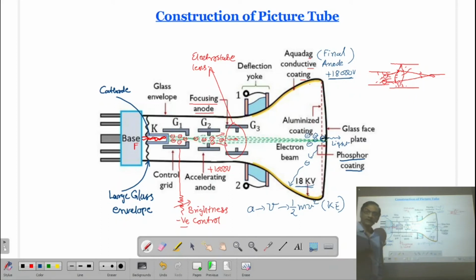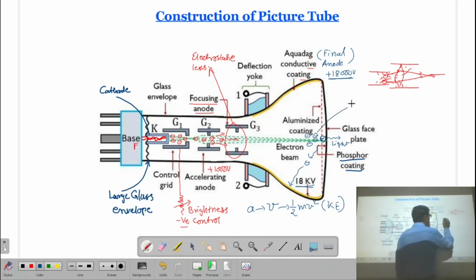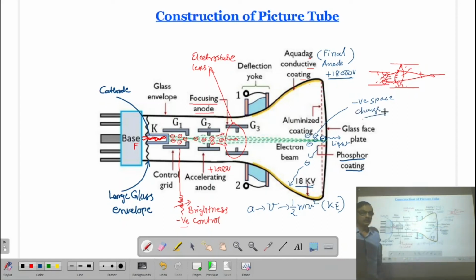It is known as negative space charge. Here, the negative space charge will be produced, and due to this, our original electron beam is going to be obstructed. So, to remove this negative space charge, the secondary electrons are collected by this coating.